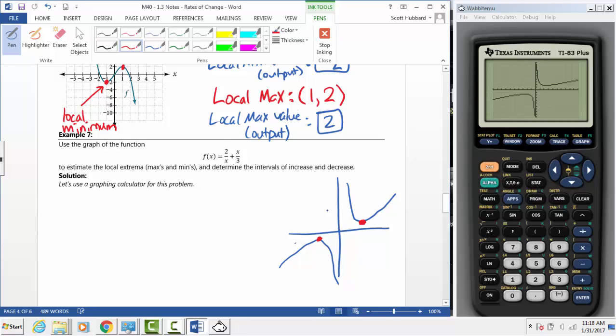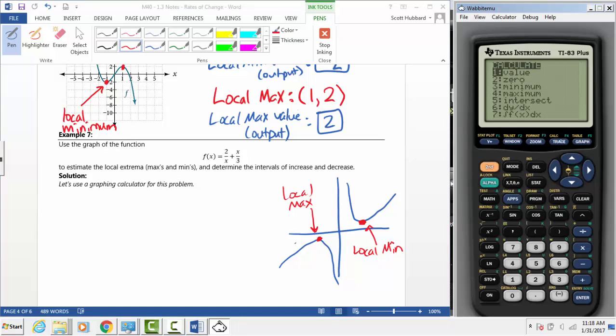Where the graph changes direction is right here and right here. It goes from increase to decrease, and it goes from decrease to increase. Going up, then down, and then on this side, it's going from down to up. So it looks like these will be the local mins and maxes. This right here will be a local max, and this right here will be a local min.